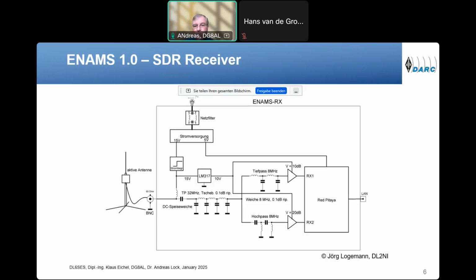And in the lower part, we see the high pass, also with a cutoff frequency of 7.5 to 8 megahertz, and a band amplifier with a gain of 20 dB. So the outputs of the gain amplifiers go to the two inputs of the Red Pitaya, and are processed.